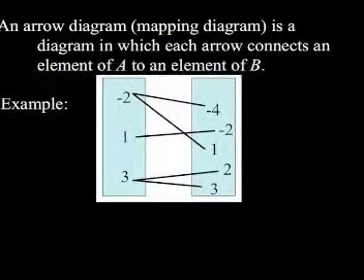When we talk about functions, one way that we can represent them is by drawing an arrow diagram or a mapping diagram to show what numbers are mapped to what other numbers. And this is a diagram in which each arrow connects an element of A, the domain, to an element of B, the range. So if you look at this example, we can see that -2 gets mapped to -4. -2 also gets mapped to 1.